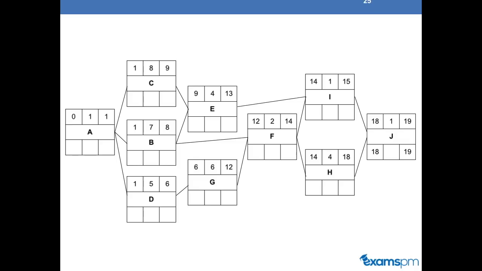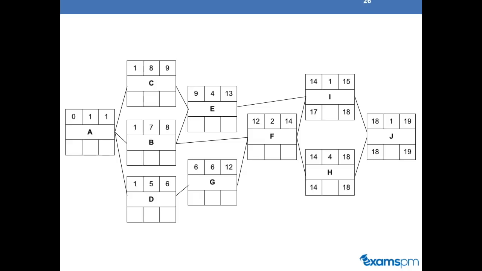So now let's look at activity H and I. Since the latest time you can start activity J is at week 18, that would mean the latest time you can finish activity H and I is at week 18.